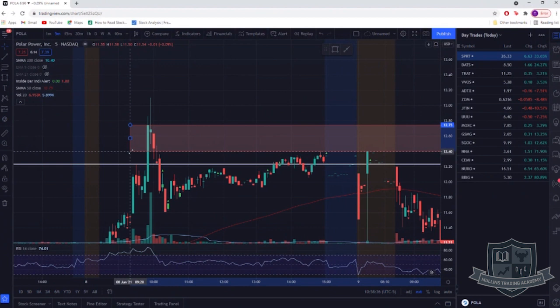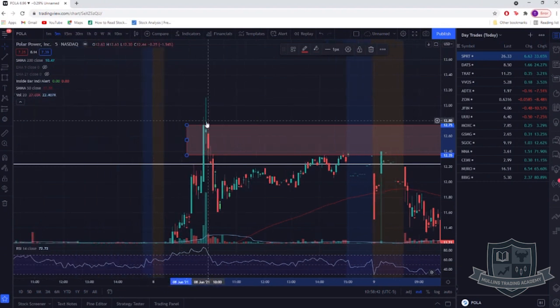Why don't you need it? This wick? Because it doesn't square with where a lot of the other volume is. The other volume is all captured in this range, whereas this is in no man's land, and price has not really come back anywhere near to that.